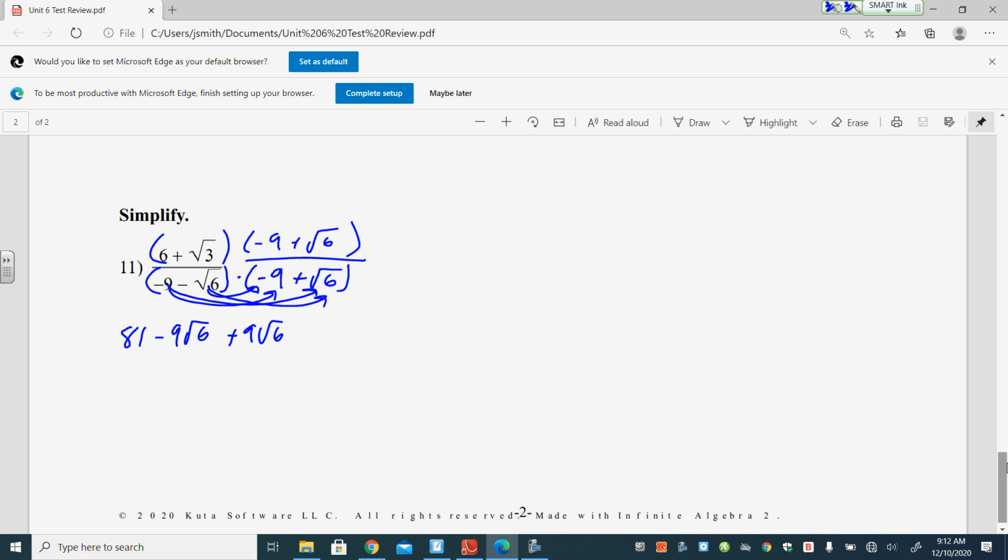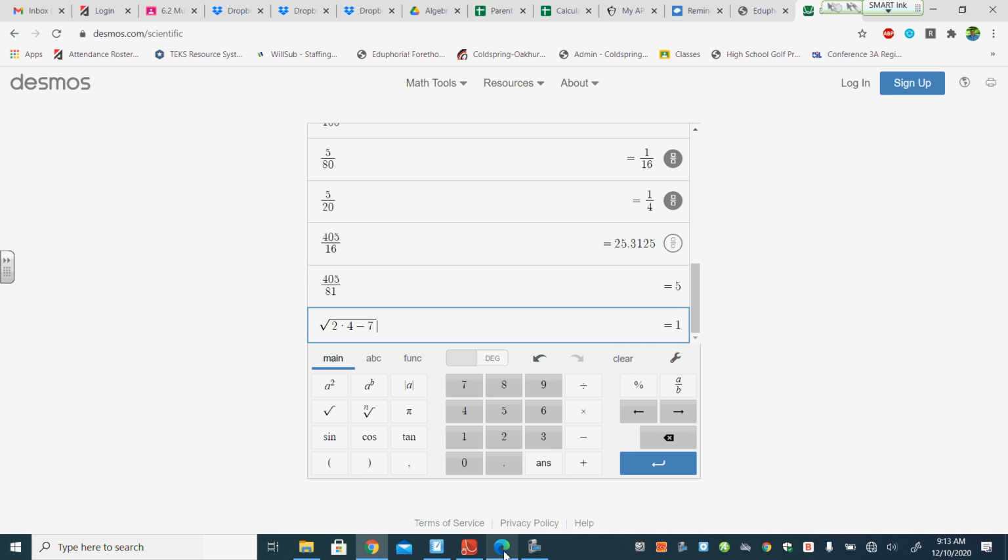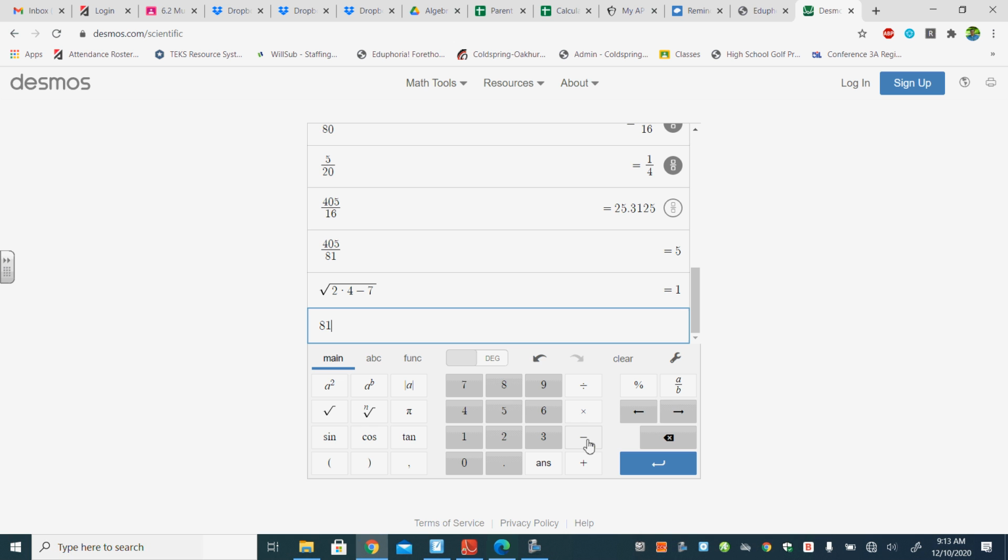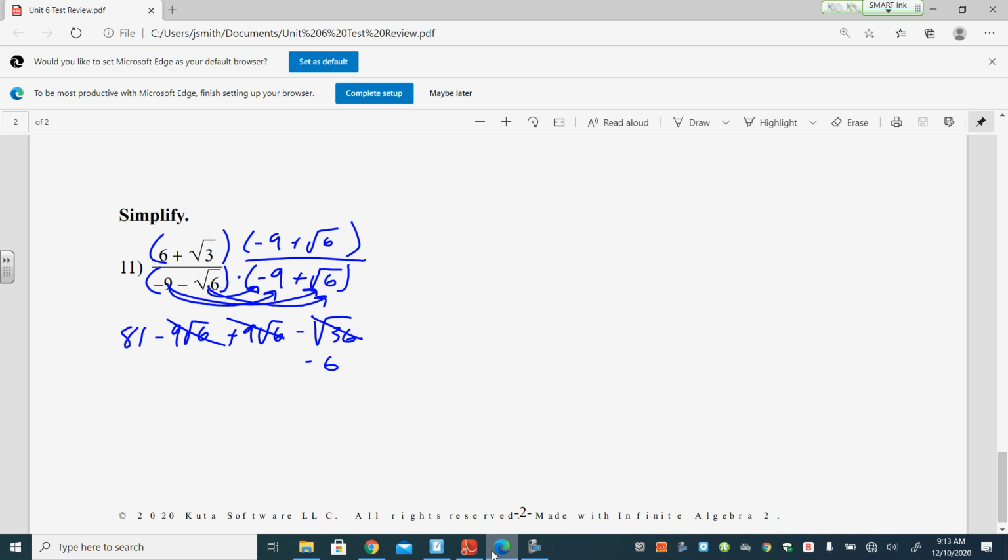Negative square root of 6 times positive square root of 6 is negative square root of 36. We know the square root of 36 is 6, and we know that negative 9 plus 9 will cancel out, so this just becomes 81 minus 6. You can just type that part in the calculator, so 81 minus 6 gives us 75. So on the bottom, I will have 75.